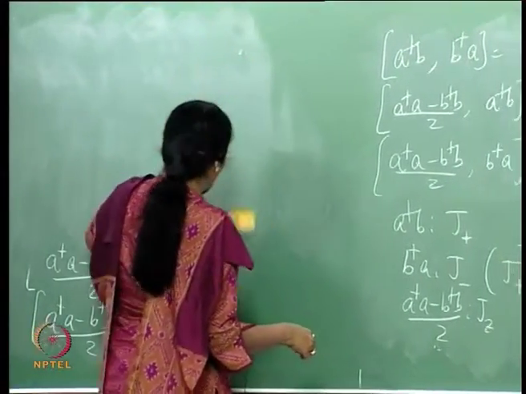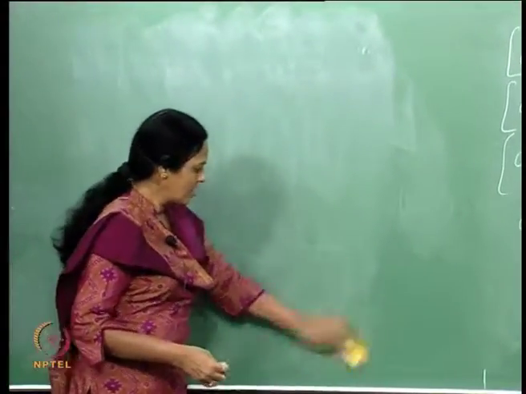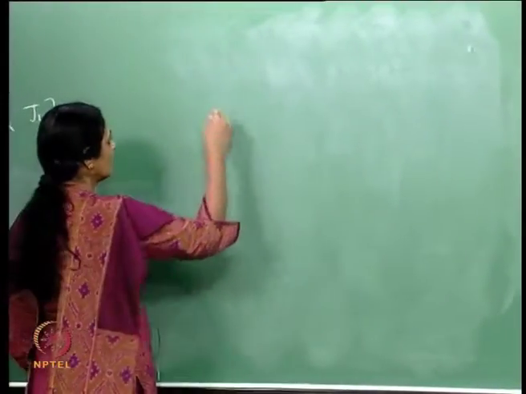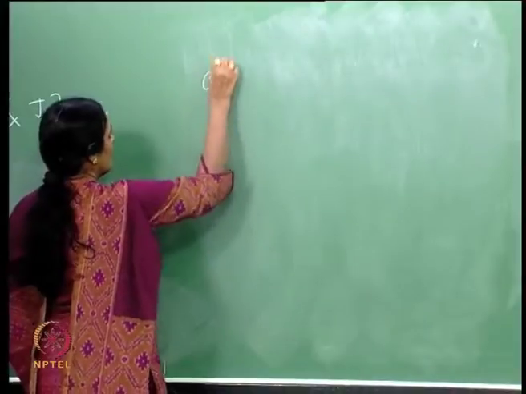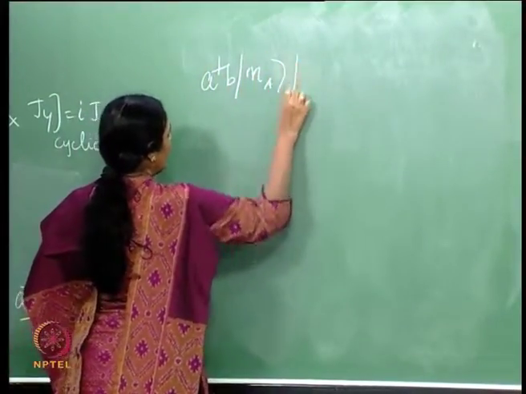Now let me look at the action of A dagger B, that is J plus, on the combined state of the system. So, A dagger B acts on the state Na Nb.